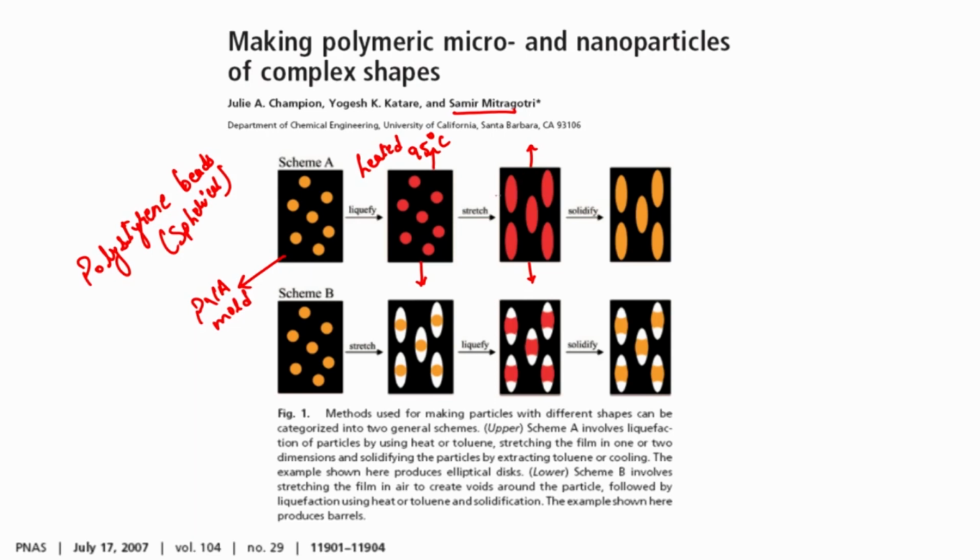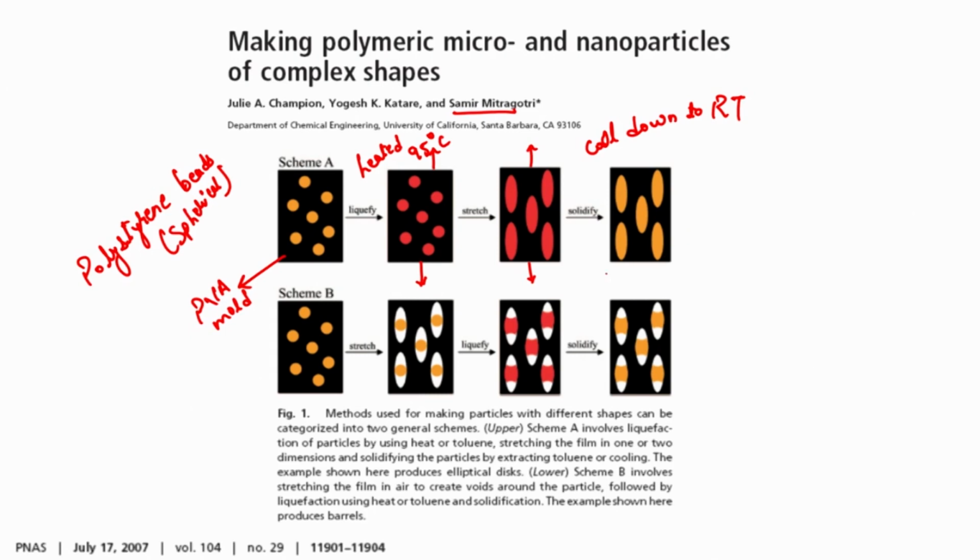Because it is liquid, it is going to fill up these pores, and then you can cool it down to room temperature. You will now have polymerized polystyrene which is of an ellipsoidal shape, right. So, that is one of the methods that they have used to make these different shape particles.